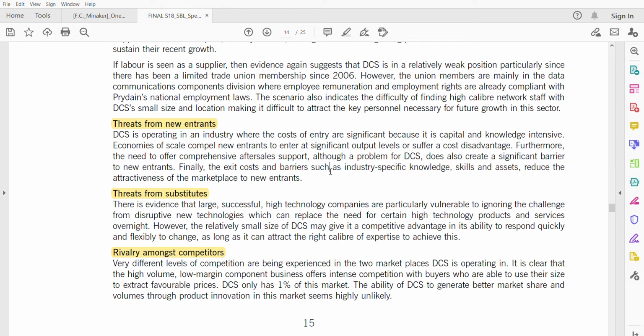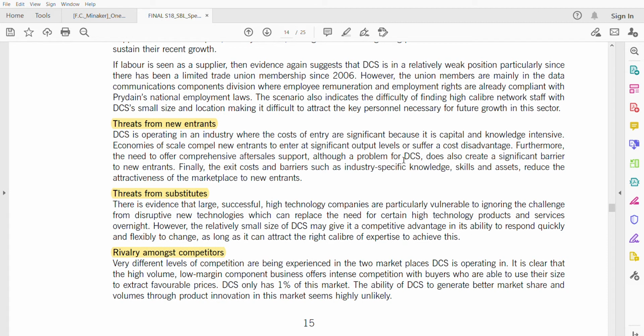So you have the exhibits, find out how it's a problem for DCS, the after sales support. Okay, it does also create a significant barrier to new entrants. So this after sales support, since they have to provide it comprehensively, is also a significant barrier for the new entrants. Finally, okay, so here also they spoke 3 points.